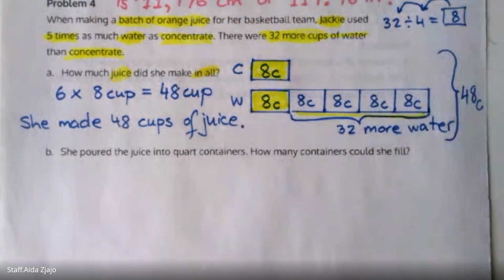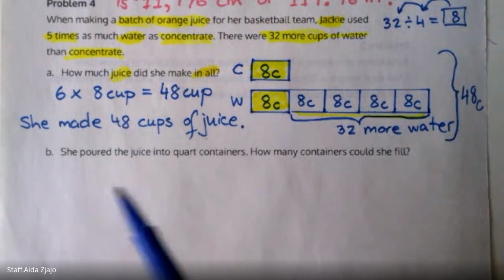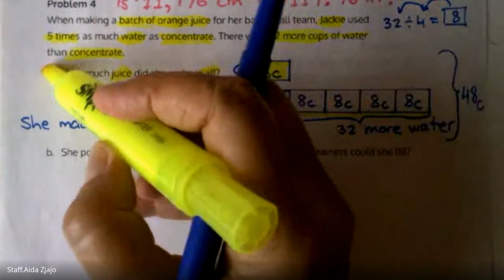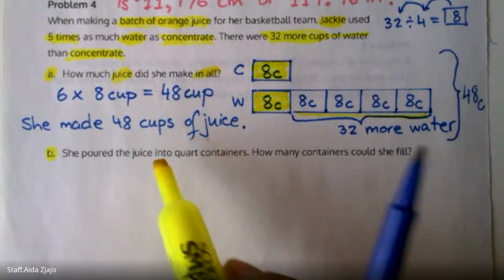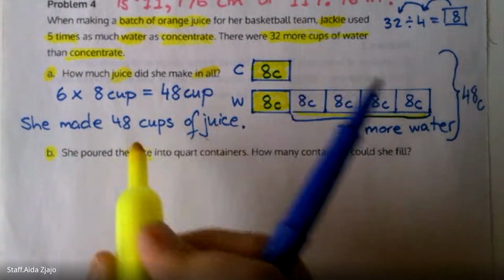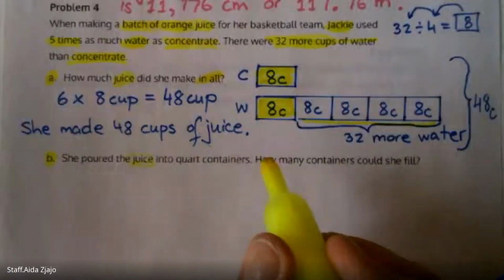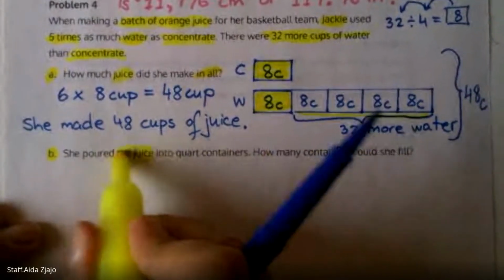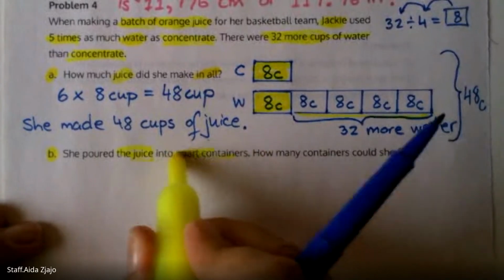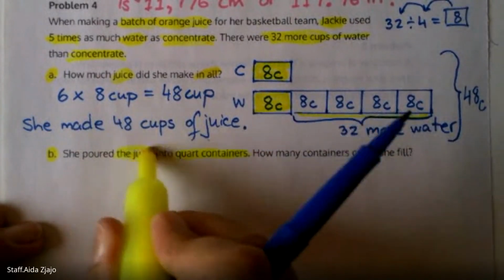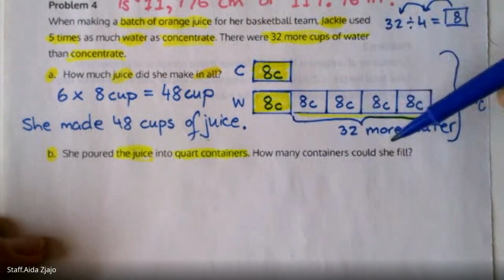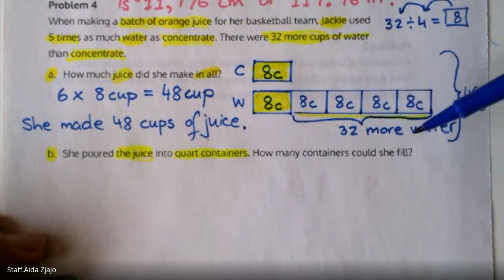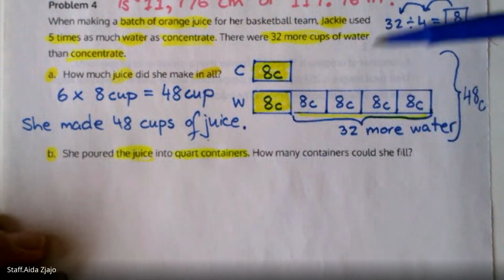All right. That was A, and now we need to do B. She poured the juice into quart containers. So how many containers would she fill?